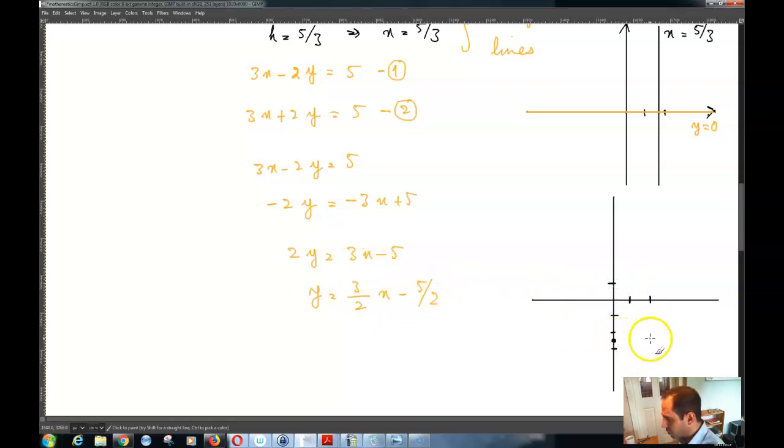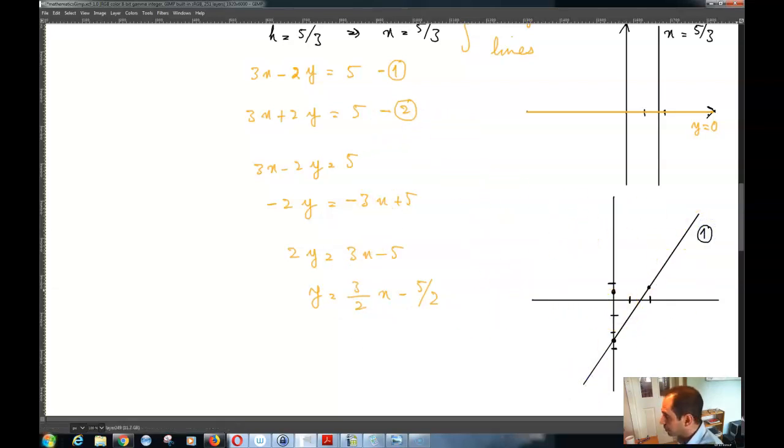So you are at negative 2.5, and with 3 units of vertical change, you will end up over here. So the point is over here, and that is your line. So this is number 1.